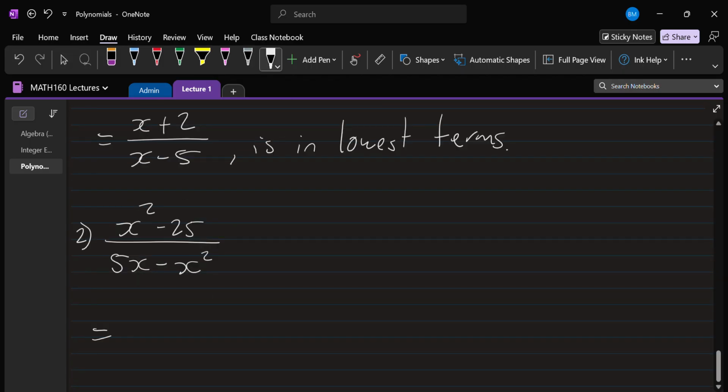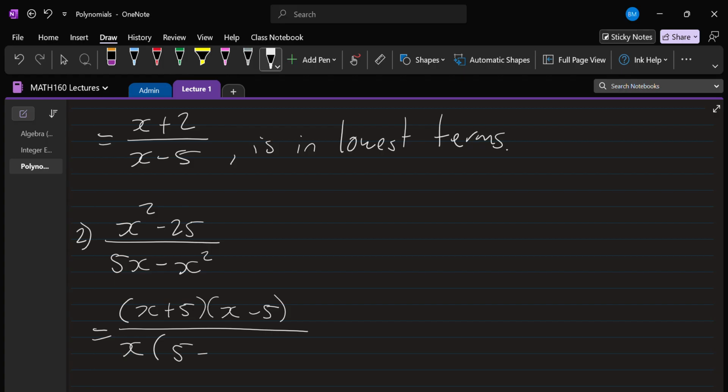We can just get rid of those, top and the bottom. So here, this will be x plus 2 over x minus 5. This is now in lowest terms. So in the previous step, when we had all those factors, it was not in lowest terms.